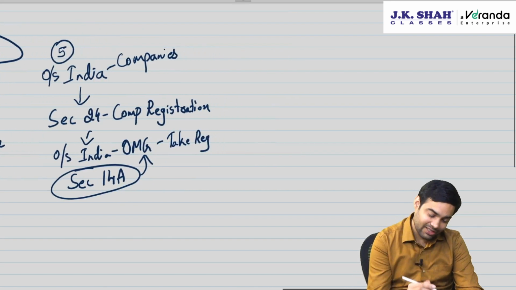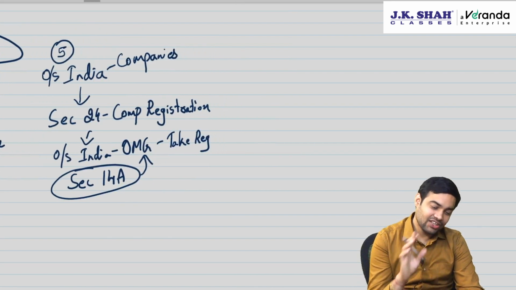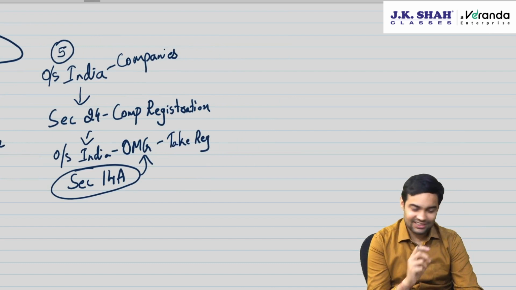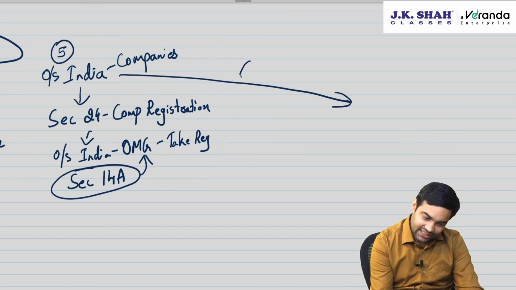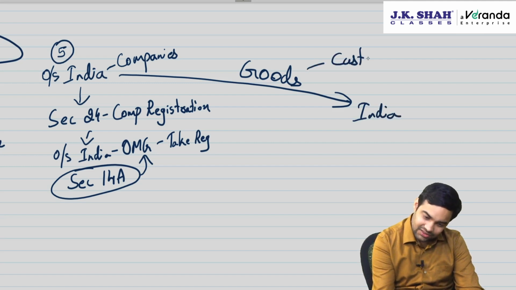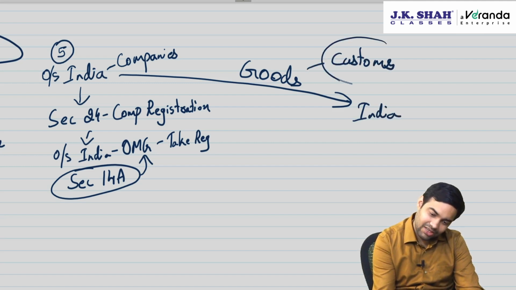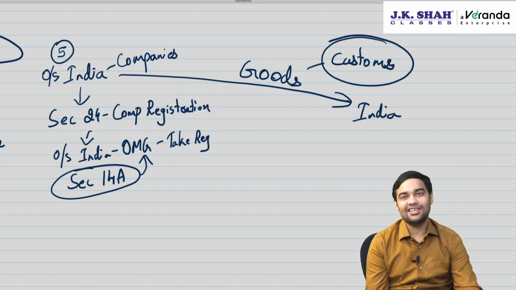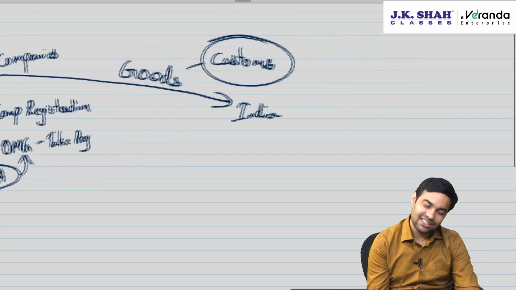Then their argument was, government, you have made all these changes in GST law. Now from outside India, whenever goods come into India, it is subject to customs. So all the changes should have been made in Customs Act, not under IGST Act. So all these changes are waste, because you should have amended Customs Act, not IGST Act.